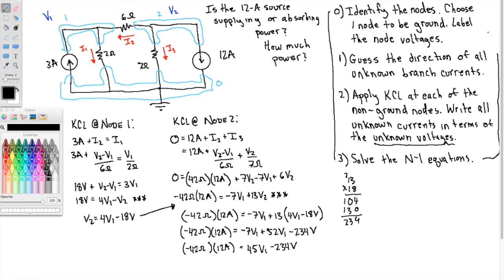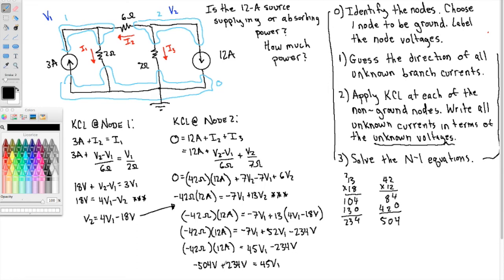And let's do this one then. 42 times 12. That gives me 408 and 42, so that's 504. Okay, so I've got minus 504 here, and when I add the 234, I've got minus 504 volts plus 234 volts equals 45 V1.